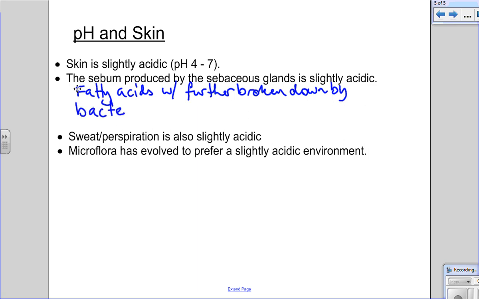That's one of the things that Staphylococcus does on your skin. So it serves a good purpose until it's out of balance. So it's further broken down by bacteria, which will decrease the pH even further.